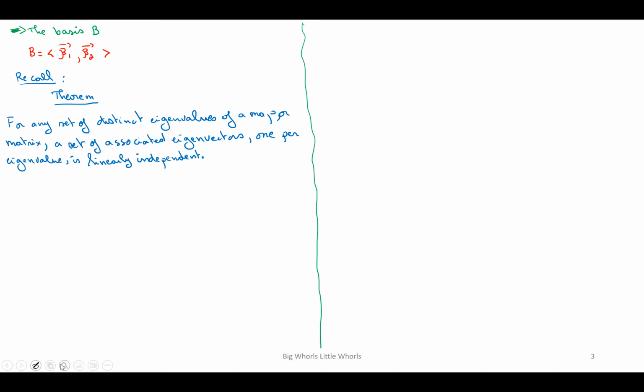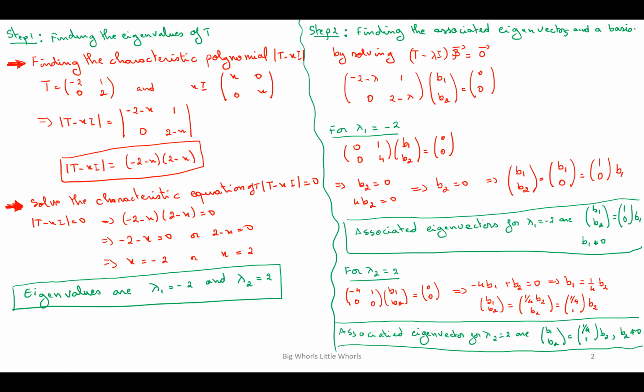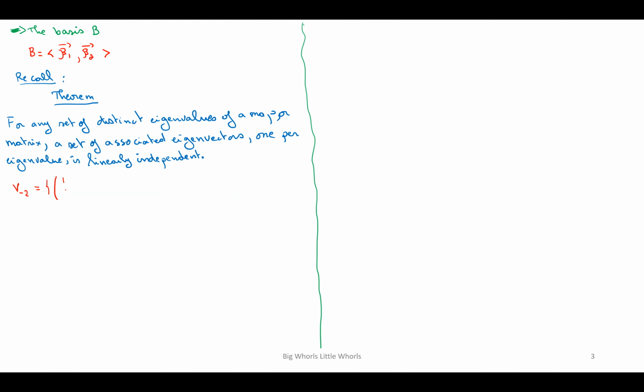So what we have done earlier, we have the eigenspace associated with lambda 1. Lambda 1 was equal to -2, and the eigenspace is (1, 0) times b1, such that b1 is a complex number.